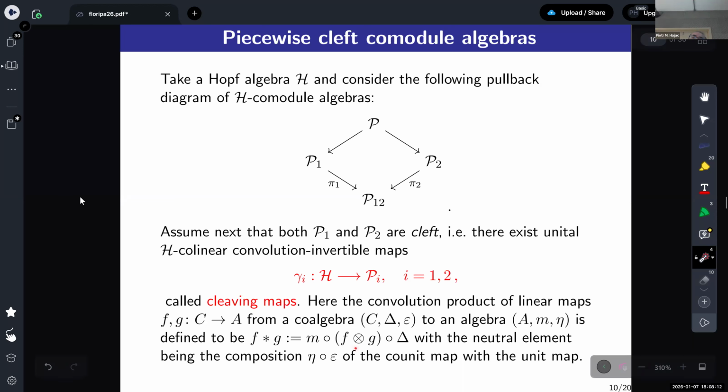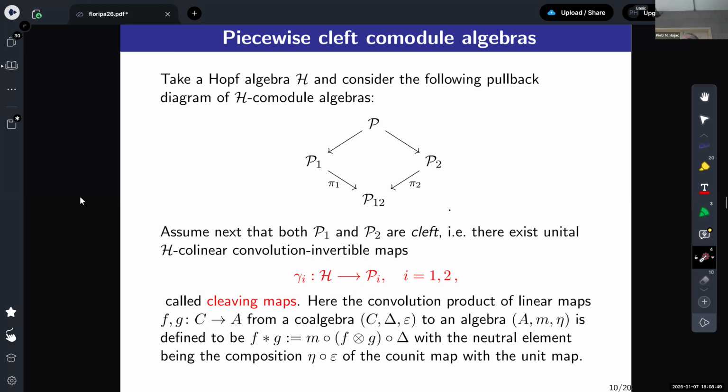And it's not a big deal to verify that having first a counit going from the coalgebra to the ground field, and then having a unit, inserting the ground field in the algebra, this is the neutral element. That's very easy. And what we are assuming here is that this map is convolution invertible in this sense. And let me just mention that whenever this is an algebra homomorphism, it's automatically convolution invertible, because the convolution inverse is given by precomposition with the antipode.